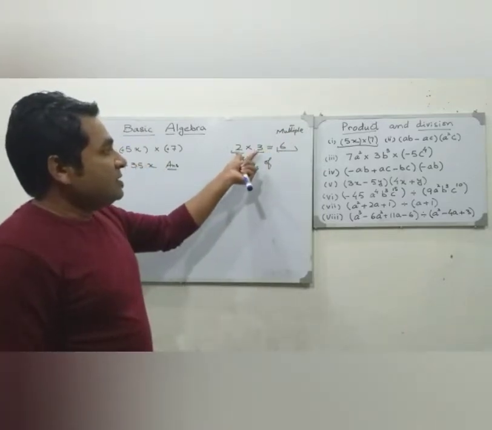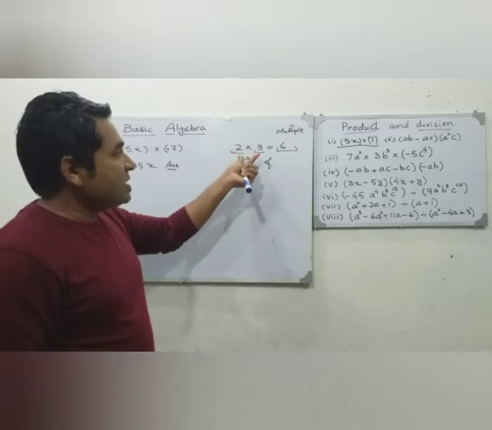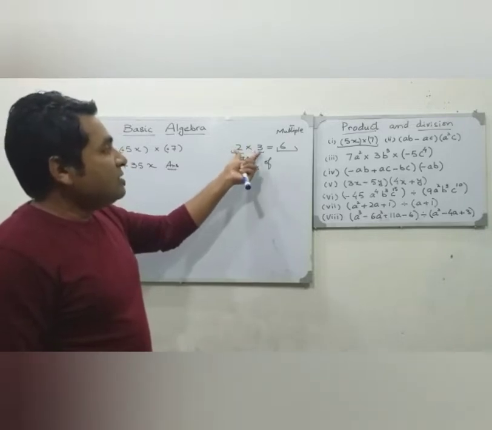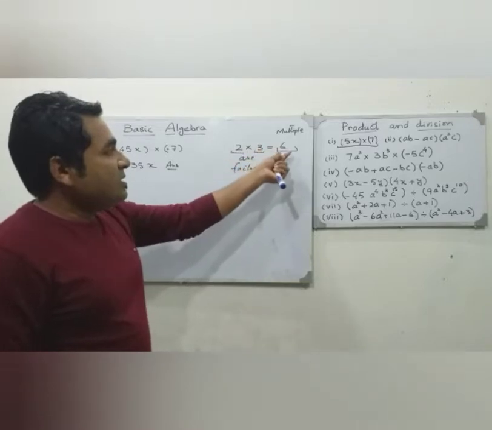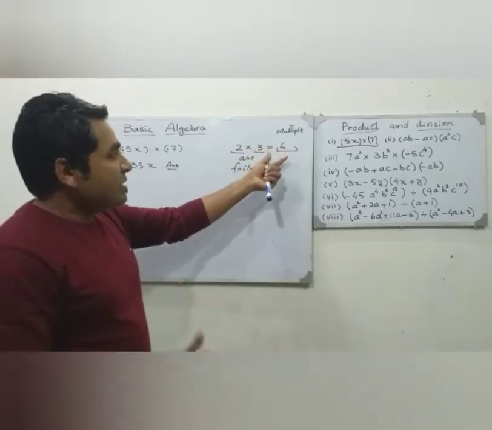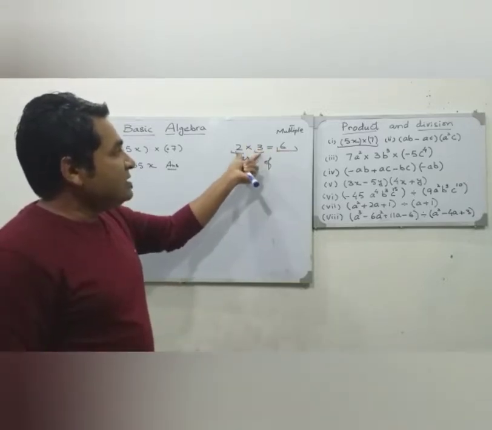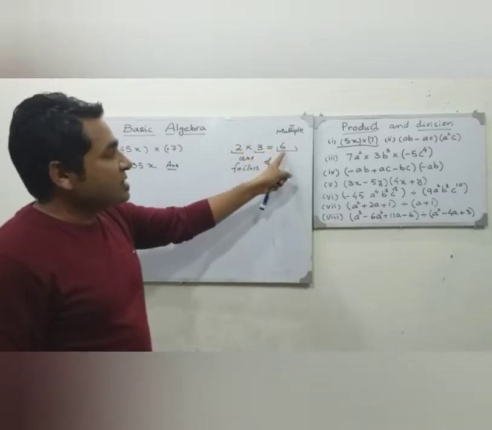You have to memorize this: when two numbers are multiplied with each other, and after their multiplication we get the answer, then these two become the factors of this number.